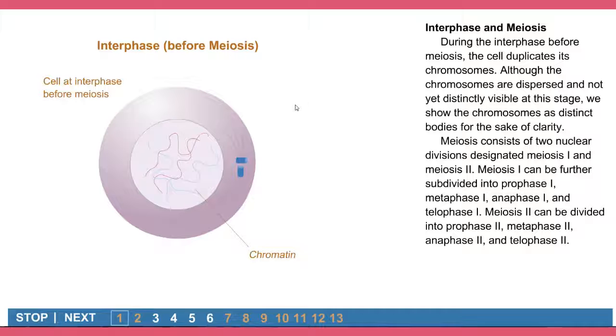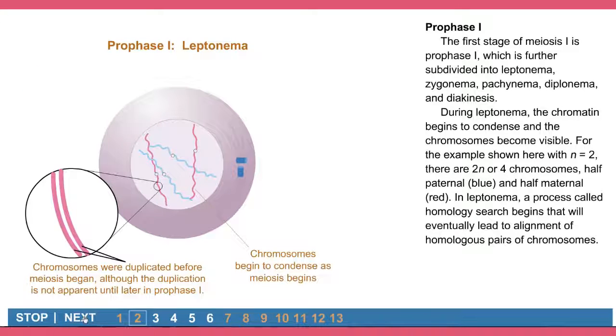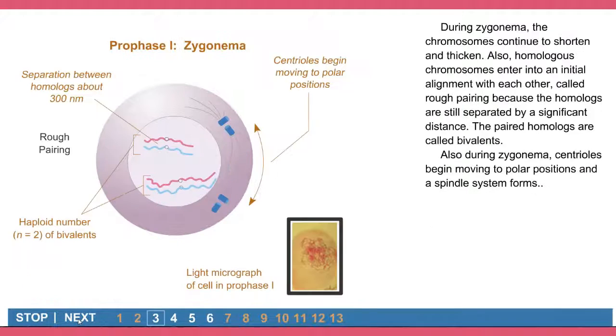So, interphase before meiosis, the chromosomes are in that relaxed stage of chromatin, and you can't really see the chromosomes. Once the cell starts to divide, that will change. So in prophase 1, the chromosomes have been duplicated, but you can't really see the sister chromatids yet, and the chromosomes begin to condense down.